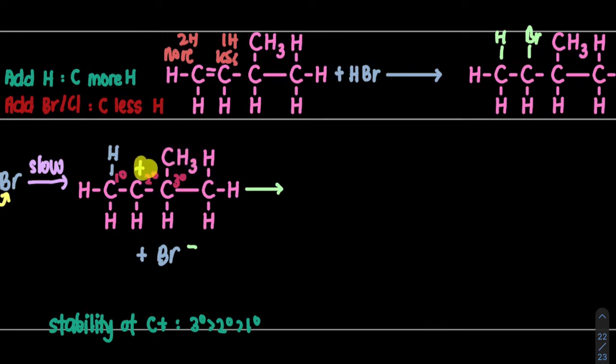Because if there is a 1,2 CH3 shift, this would still be a secondary carbocation, the same as before. The CH3 shift can only occur when the neighbouring substituent is a tertiary or quaternary carbon. So here we write down the 1,2 hydride shift using yellow.